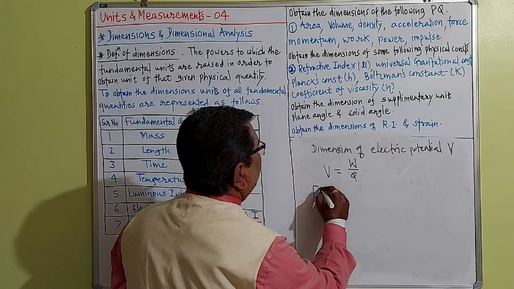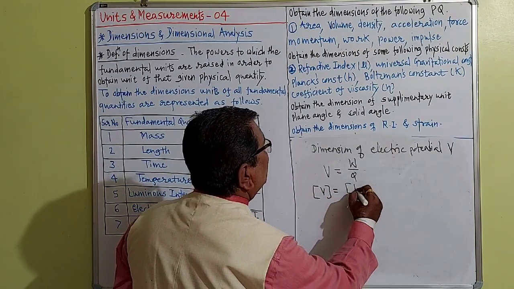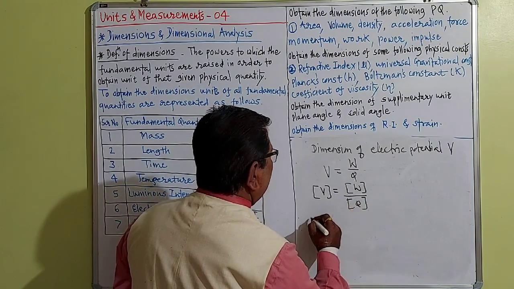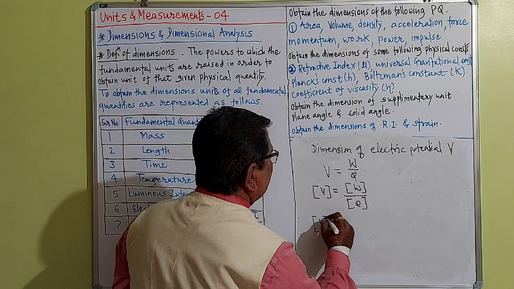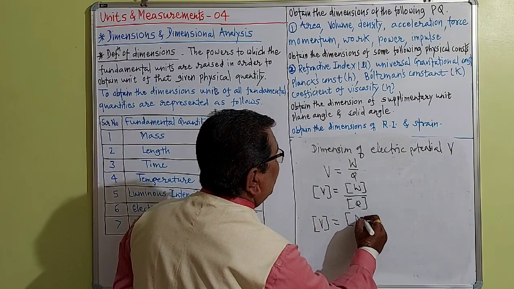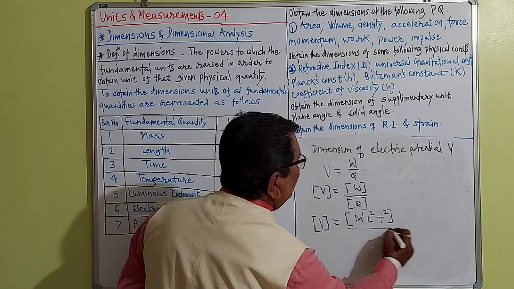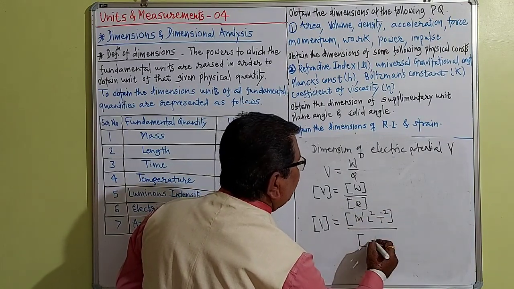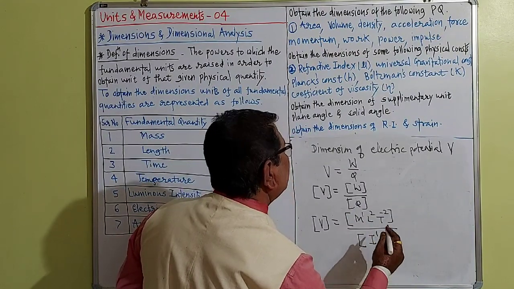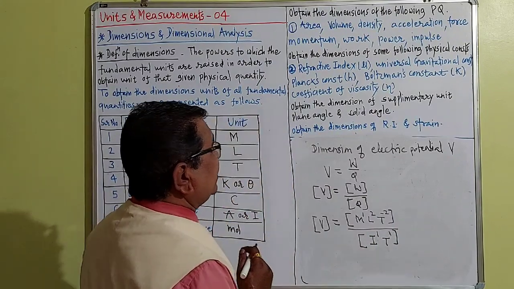So put dimension of V is equal to dimension of W upon dimension of Q. What is the dimension of W? M1 L2 T minus 2, upon the dimension of electric charge, which we have already written as I1 T1, since Q is equal to IT.